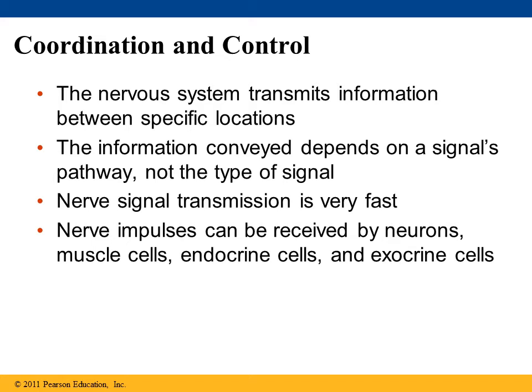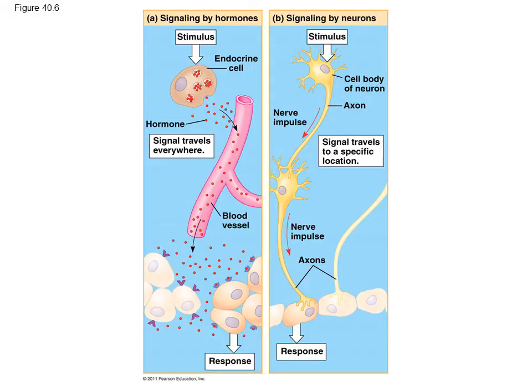Nerve impulses can be received by different types of cells, such as neurons, muscle cells, which cause our legs and limbs to move, endocrine cells, and exocrine cells. So here's figure 40.6, and it shows the signaling of the endocrine and the nervous systems that is responsible for the coordination and control.